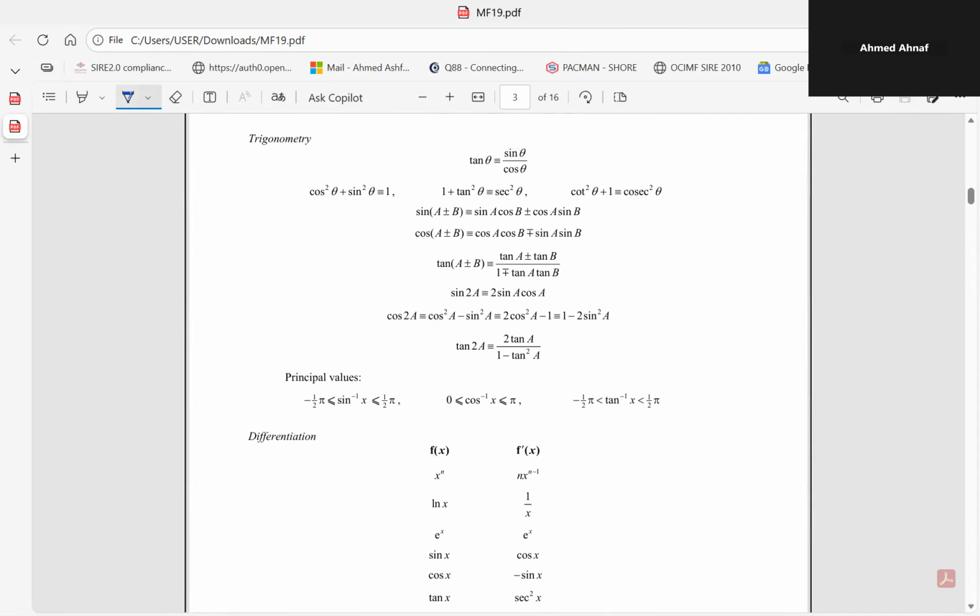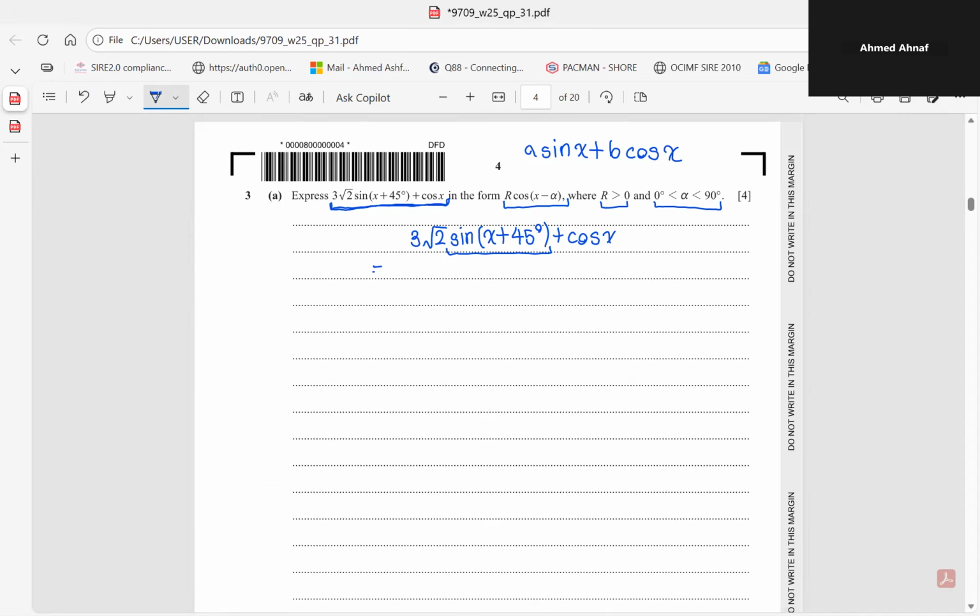We have it right here for sine of A plus B. You would get sine A cos B plus cos A sine B. So this would basically just be sine X cosine 45 plus cos X sine 45.